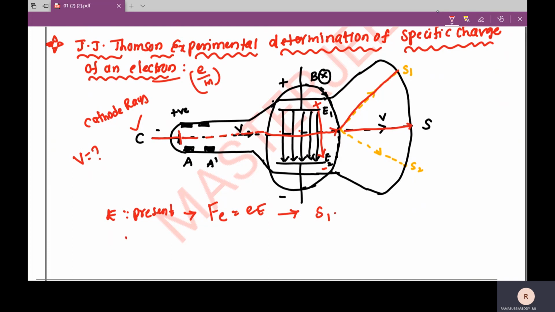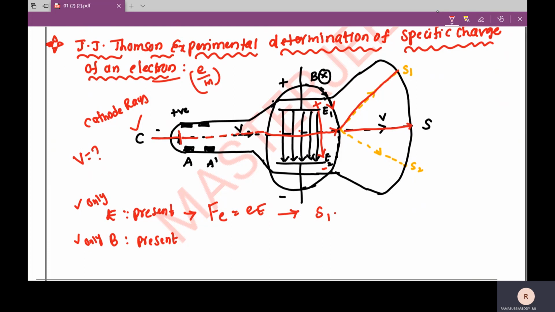Next, the magnetic field alone. The first case was only the electric field; the second case is only the magnetic field. If this magnetic field is applied by a clockwise current in the circular coil, the direction of the magnetic field is into the plane of the paper.